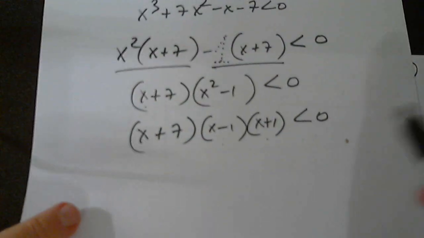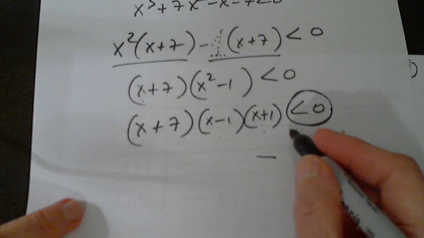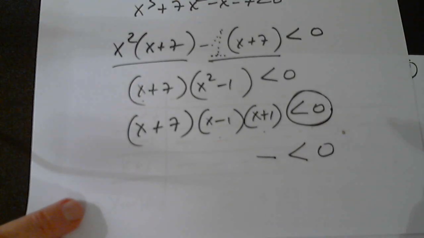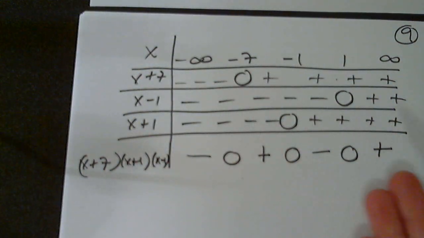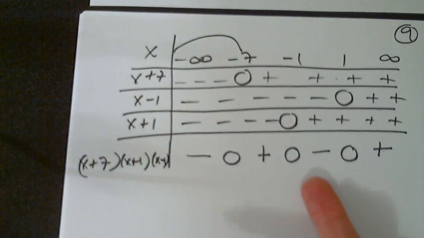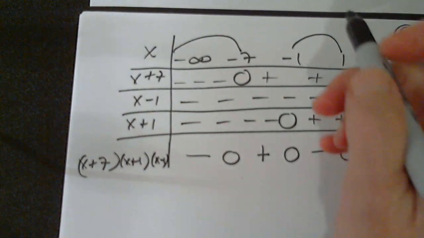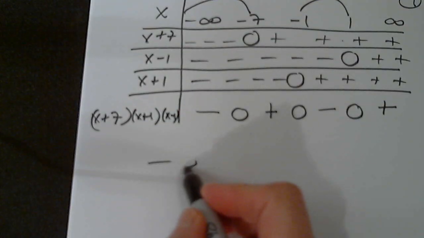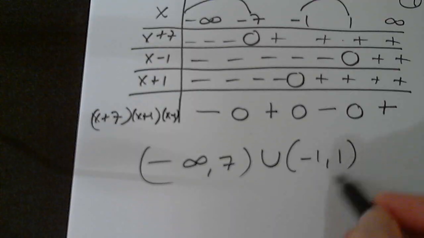Only now I look here. Well, they want negative because only negative is less than 0. Is the product ever negative? Yes. Since there is no equal symbol, negative infinity, -7, union, -1, 1.